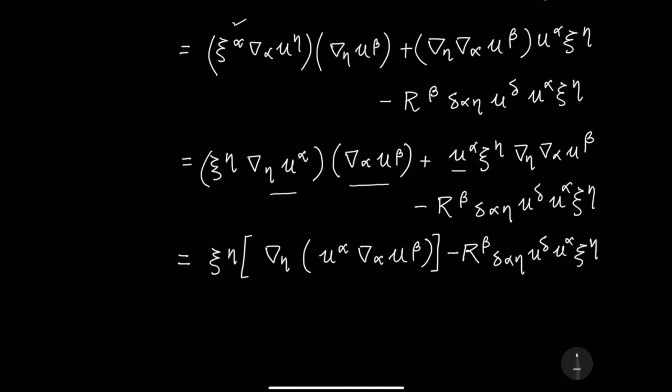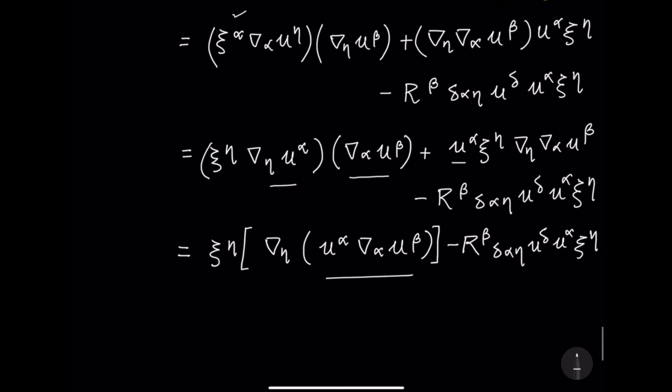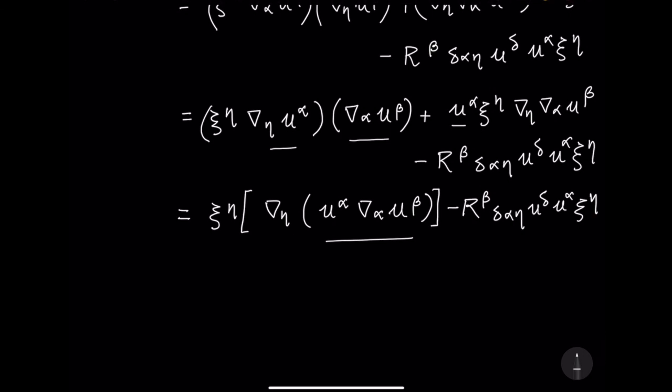What is this? Well, this is just the geodesic equation. This equals to 0 is the geodesic equation. u alpha grad alpha u beta equals to 0 is the geodesic equation. So because we are dealing with geodesics, this is essentially 0, which tells us that a beta is minus R beta delta alpha eta u delta u alpha xi eta.